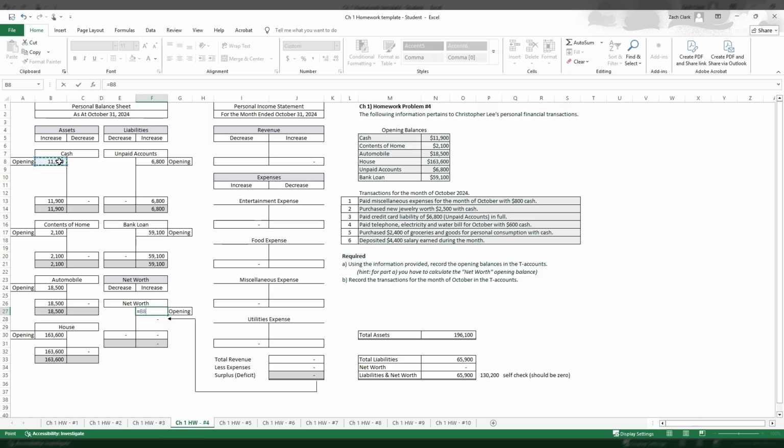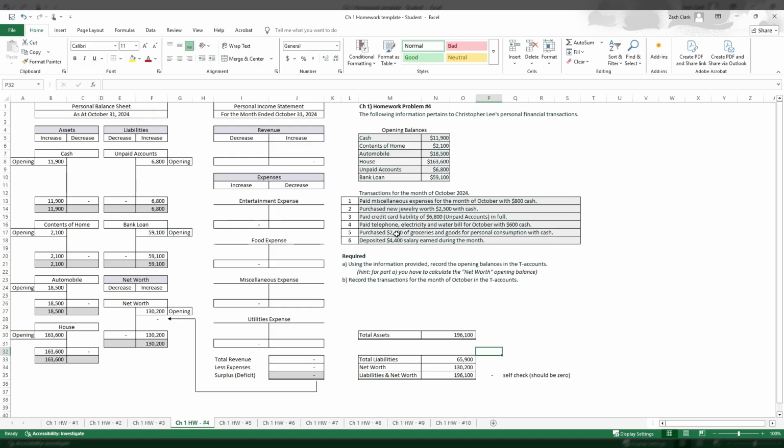So we can add up all of our opening asset balances, and then subtract out all of our liabilities. That gets us 130,200. And we can see that our beginning balance now balances to zero. Our accounting equation is looking good.